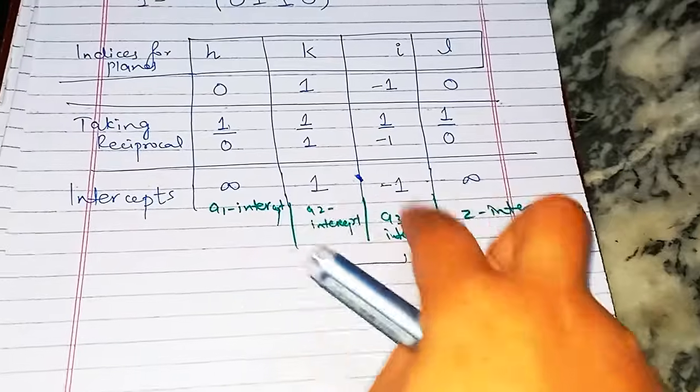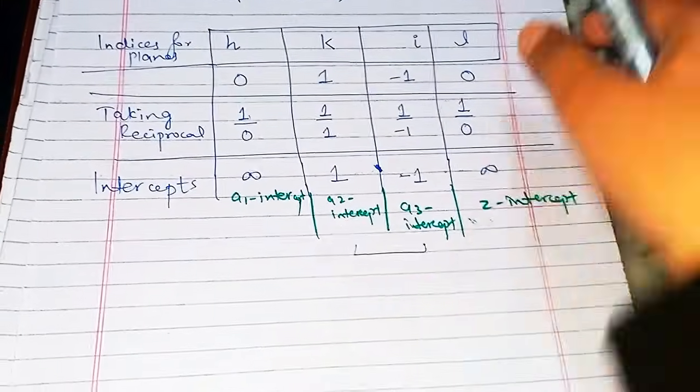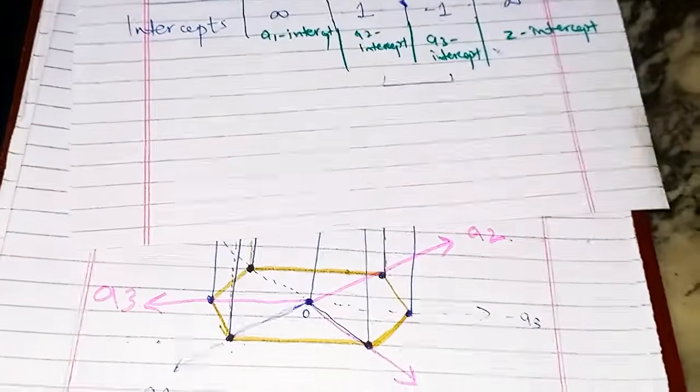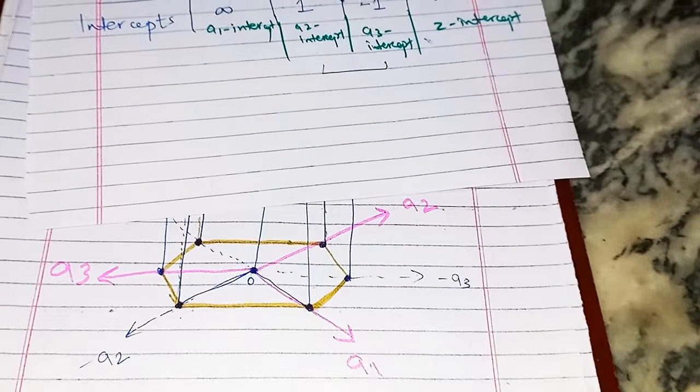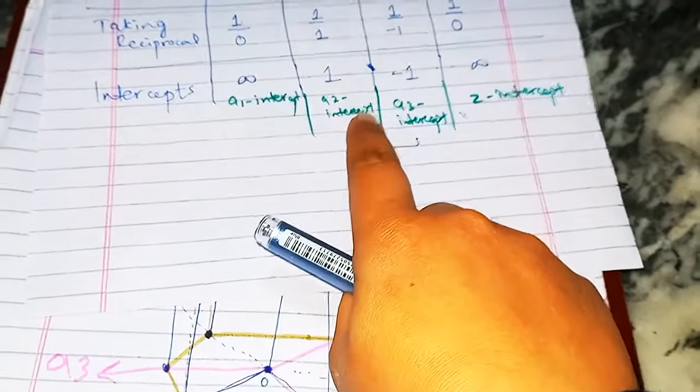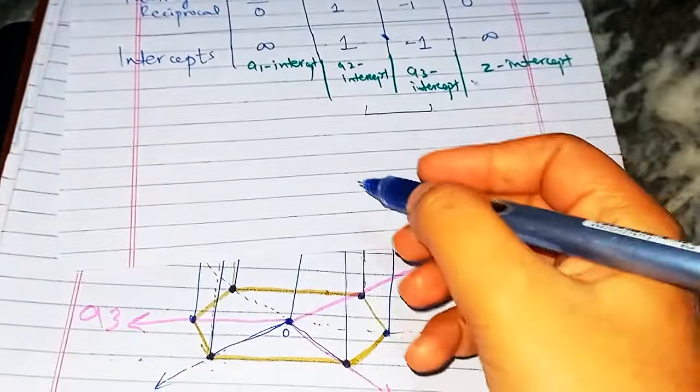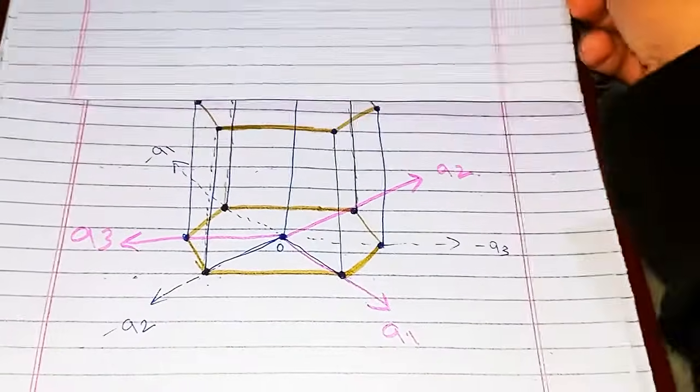First we need to draw these two intercepts. This is the a2 intercept, and intercept means the point where the plane touches the a2 axis.